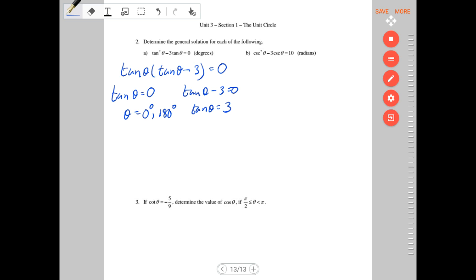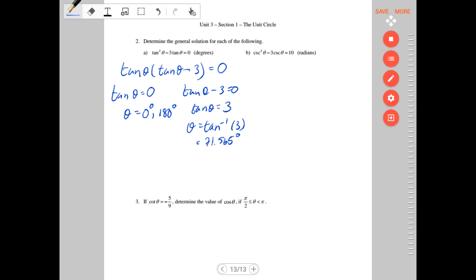And 3 is not a trig value on our unit circle, so you actually have to go tan inverse of 3, and you'll get approximately 71.565. Good. Notice that tan equals 0 happens at 0 degrees, 180 degrees, again at 360.